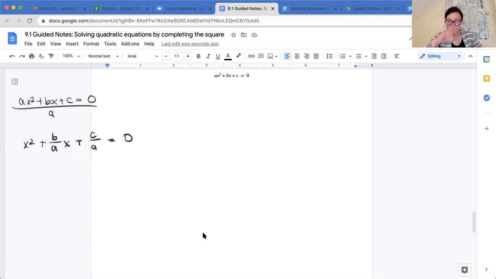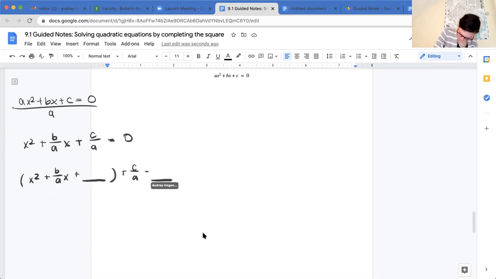And now we are going to do our actual step of completing the square, right? So we're going to have x squared plus b over a x plus something plus c over a minus something equals 0.